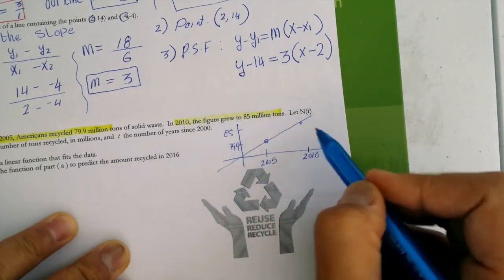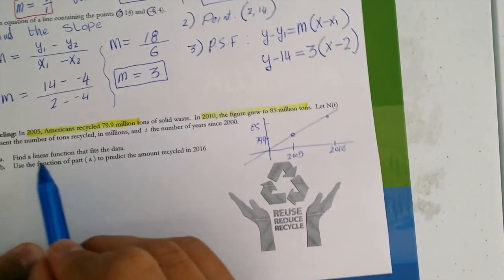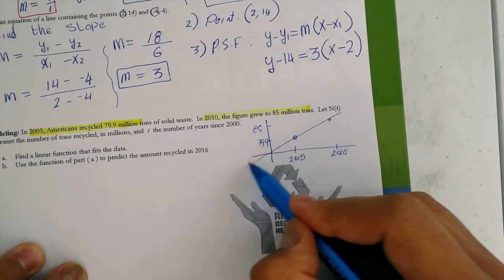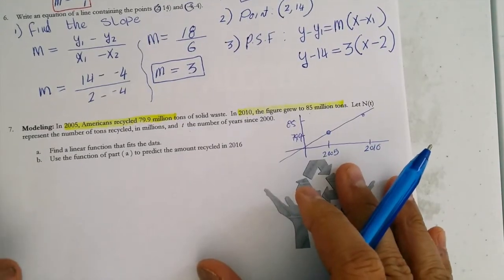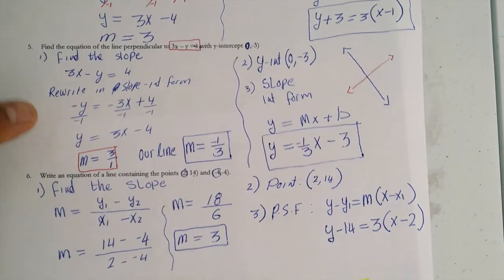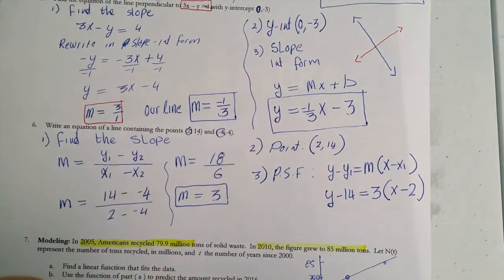Part A asks us to write a function, an equation that models this line. What we need to do is what we did before: find the slope of this line, find a point, and then put it together.